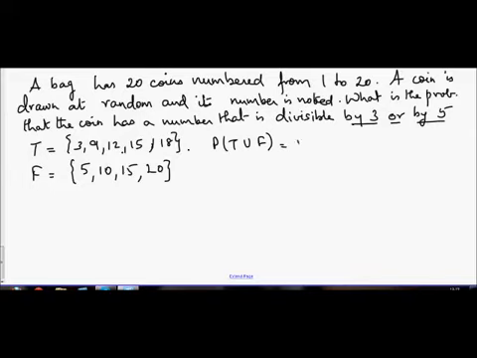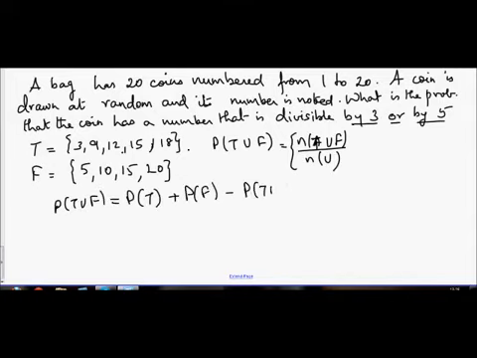So this is n of T union F divided by n of the total sample space. Or you can directly use the formula. P of T is 5 over 20, because the total n of U is 20, as there are 20 numbers.